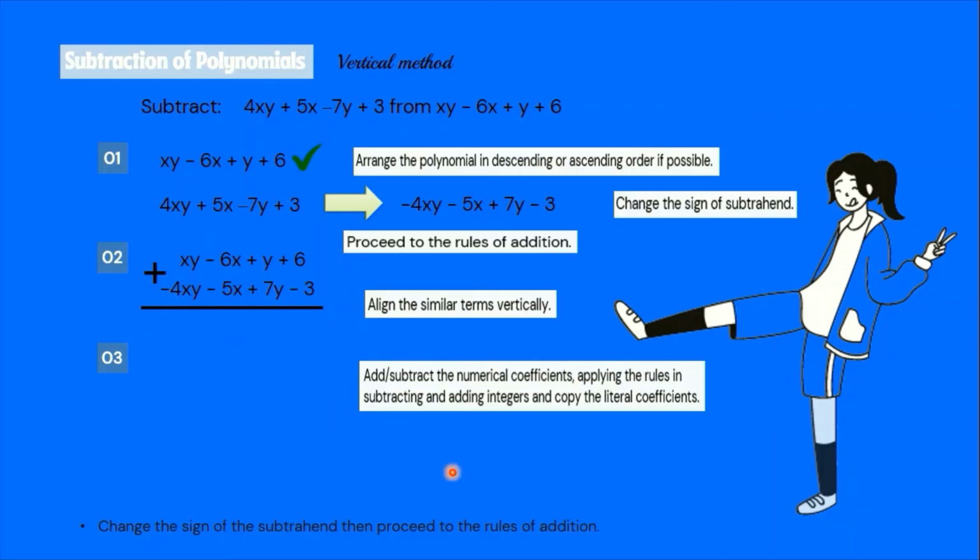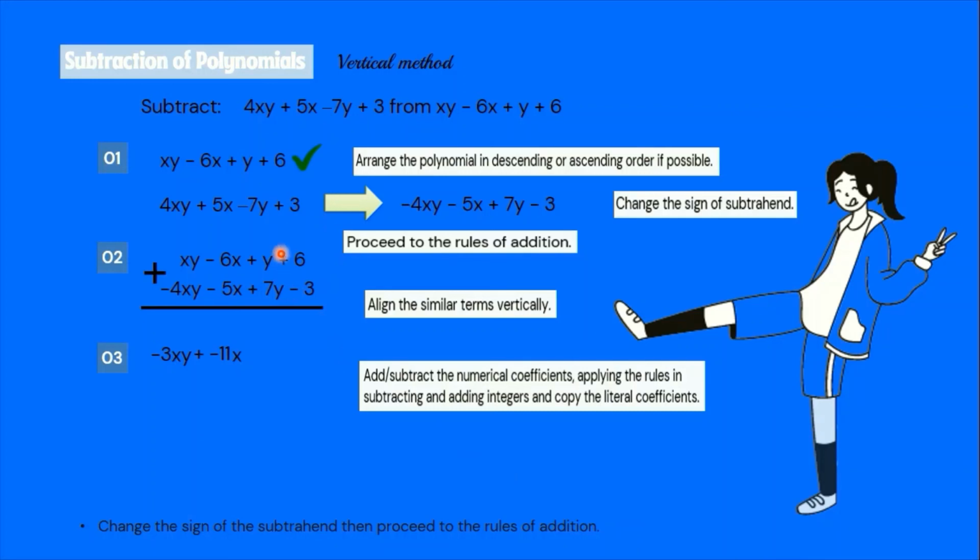Si 4 ay negative, kaya ang sagot natin ay negative 3. And then copy the literal coefficient. Dito naman sa negative 6 at negative 5, since pareho silang negative, we'll just have to add them together and then copy their sign. Negative 11. Plus to dahil naka-addition yung ating process. Copy the numerical coefficient x.